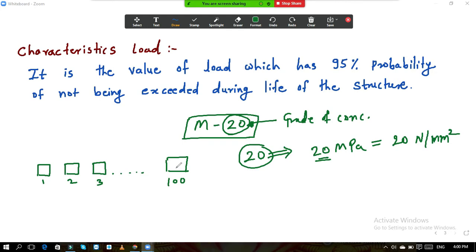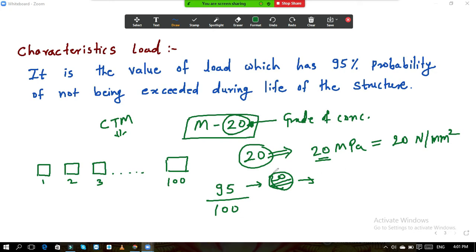Suppose you have cast 100 cubes in the concrete lab and you start testing these cubes on the CTM, compression testing machine. Out of these 100 cubes, if 95 cubes give you the strength of 20, then this 20 is called the characteristic strength. And the load corresponding to this characteristic strength is generally called the characteristic load.